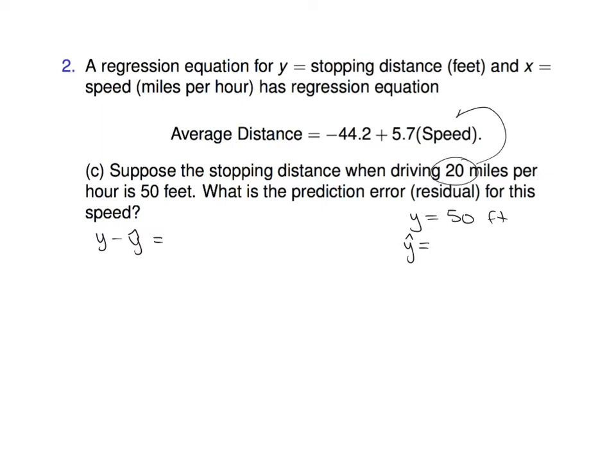So plug in 20. Negative 44.2 plus 5.7 times 20 works out to be 69.8. So y minus y hat is 50 minus 69.8, which is negative 19.8.